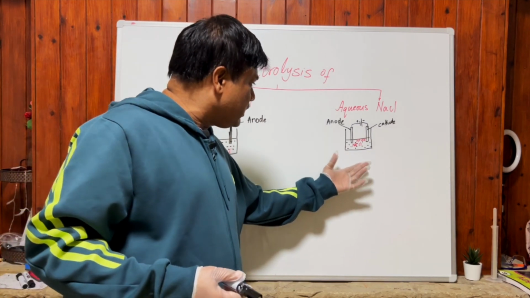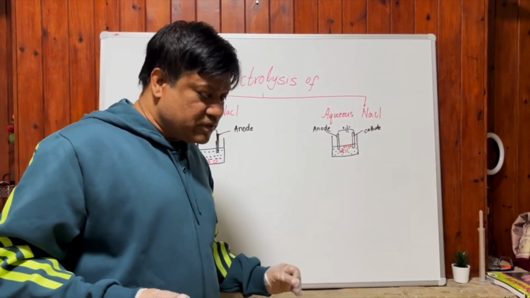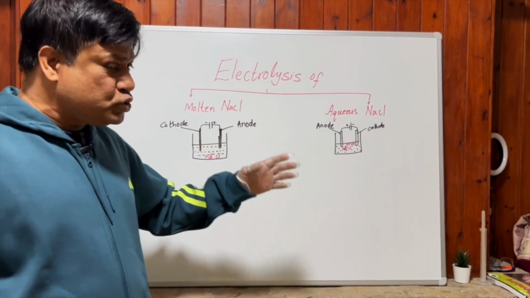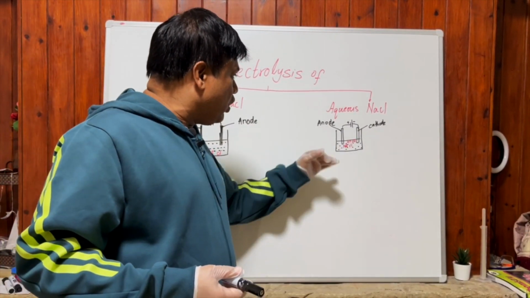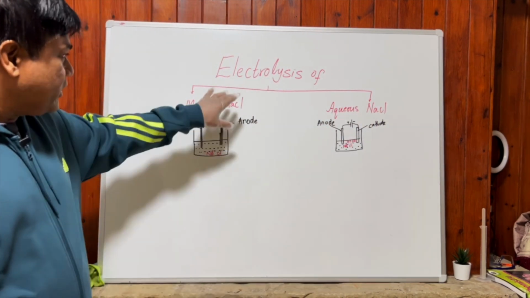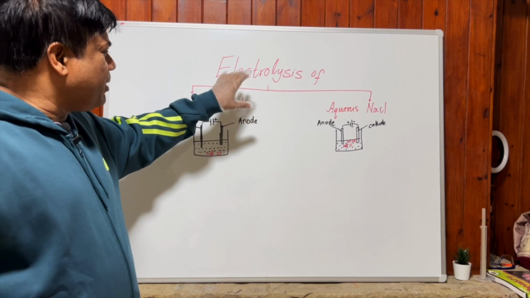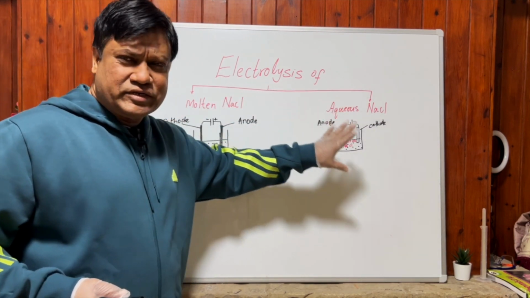We will see how the electrolysis of NaCl takes place, and I want to show you a small practical of electrolysis of aqueous NaCl. Electrochemistry is a branch of chemistry that mainly deals with electricity.